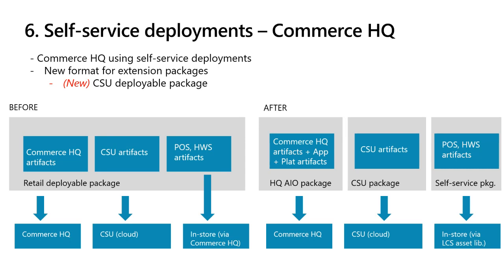The second big improvement with self-service deployments, as the name indicates, is that previously for tier 2 environments, you needed to file a support request for the support team to actually deploy the environment in your LCS project, and that could take sometimes several days, up to a week in certain cases.